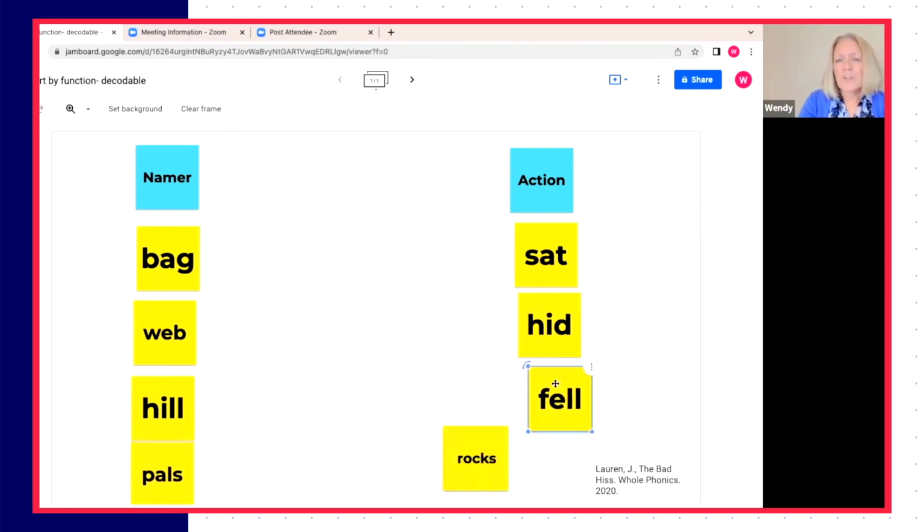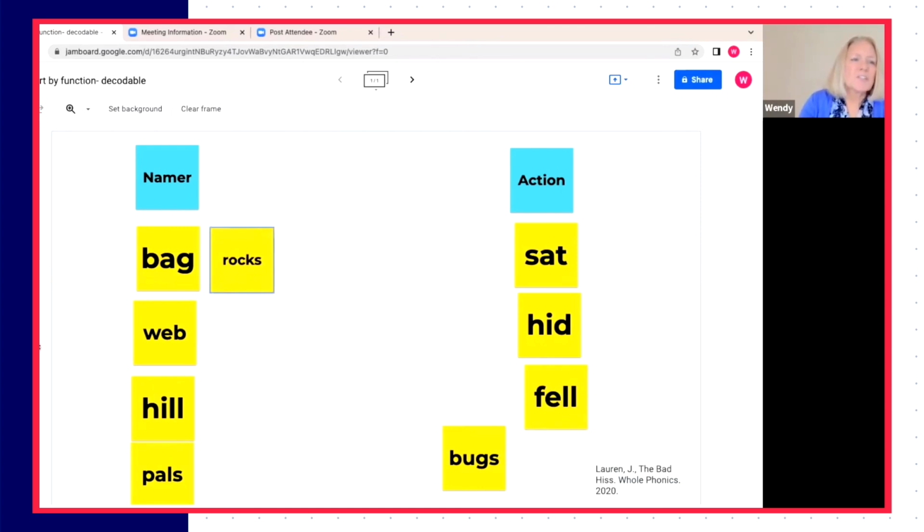So I want to show you what is fairly typical in decodable texts: many of the words could be multiple meaning words. And in fact, there are several in this story. And one of them is the word rocks. So we would have a student decode the word rocks and decide, are we thinking about rocks as a thing, where we would slide it over to the namer, or somebody might come up with the idea that rocks is an action word.